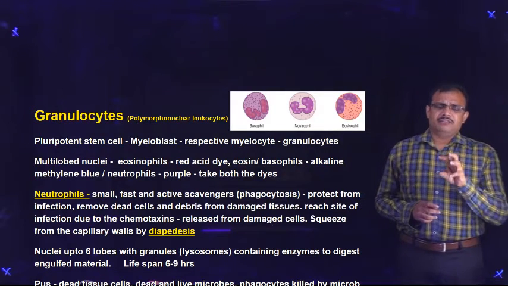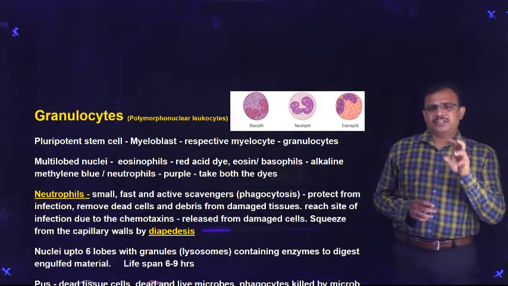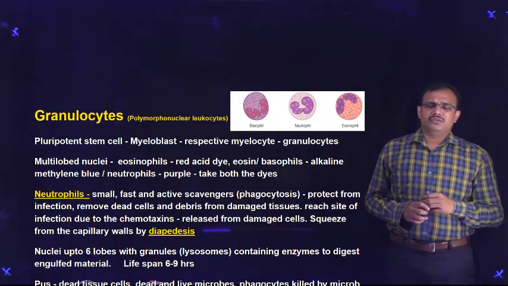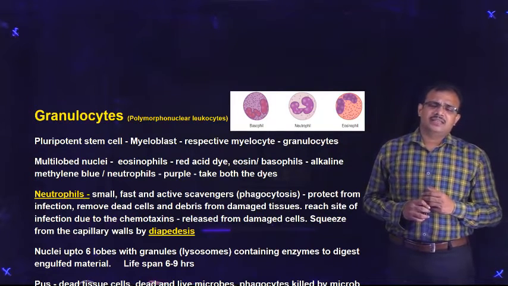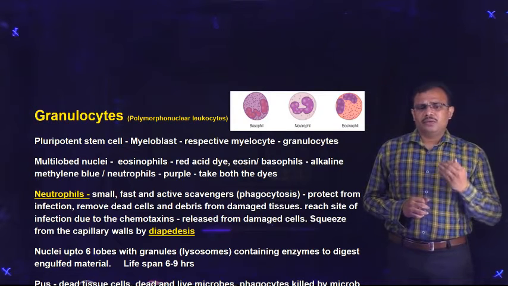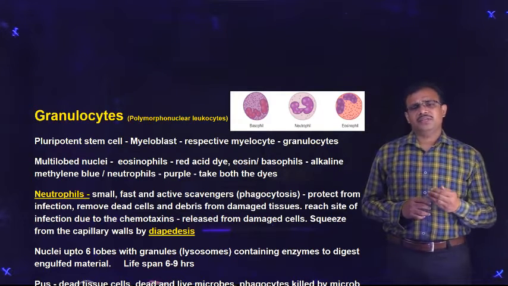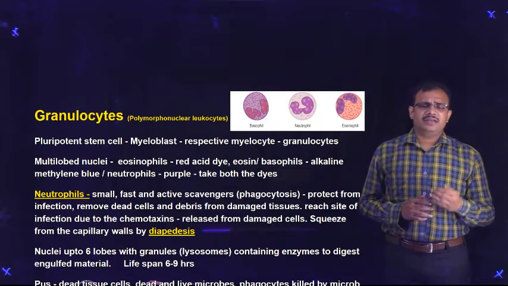They have different lobe shaped structures of nucleus, and these granulocytes also originate from the pluripotent stem cell of the bone marrow.